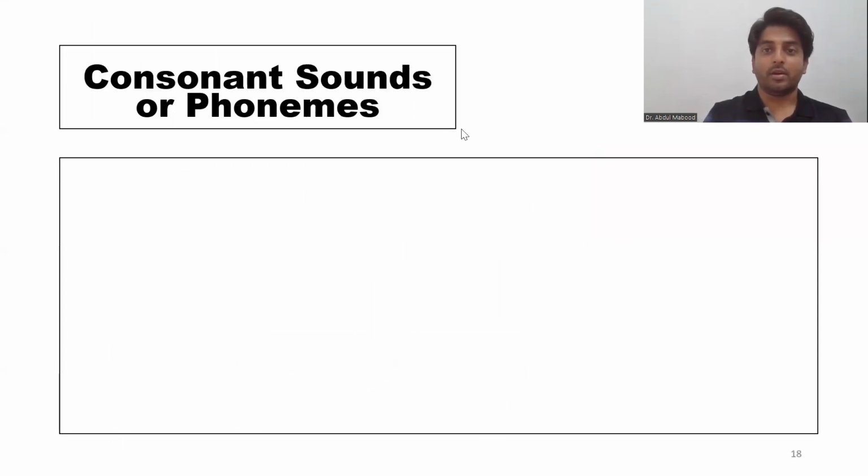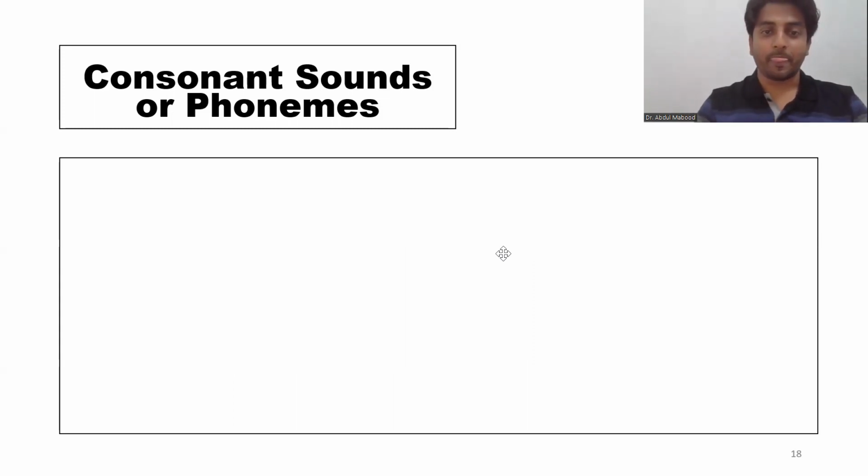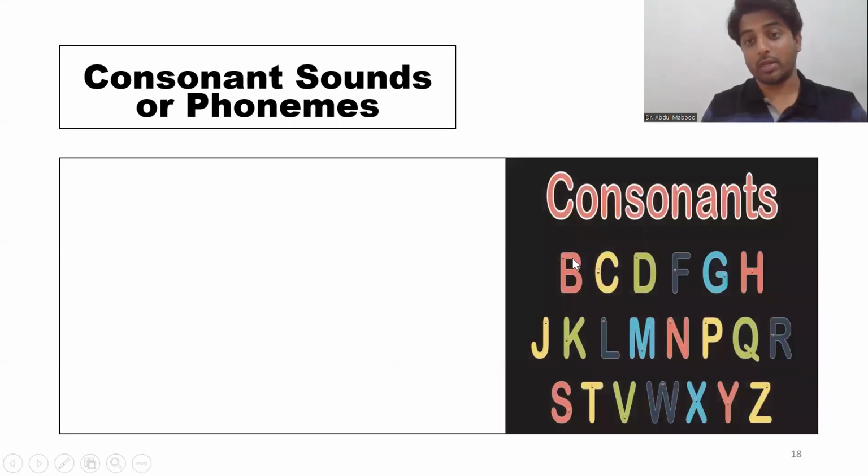Now here come the consonant sounds. Till now we were discussing vowel sounds and now consonant sounds. In consonants we already know these letters: B, C, D, F, G, H, J, K, L, M, N, P, Q, R, S, T, V, W, X, Y, Z. These are the consonants, right?